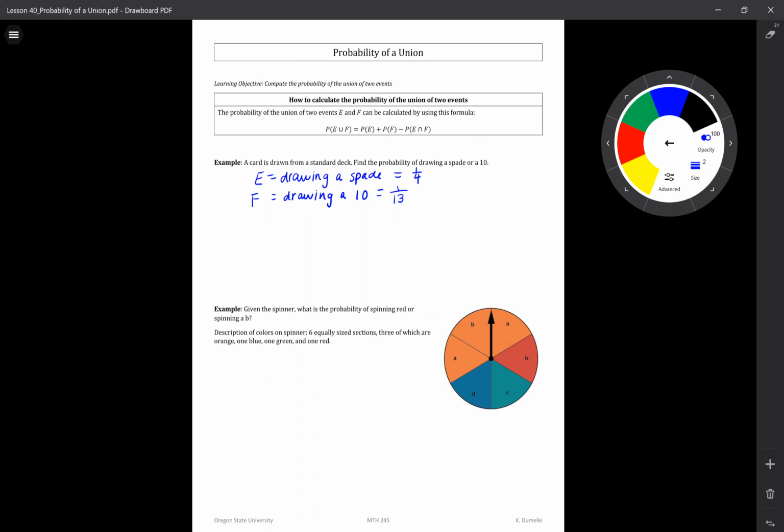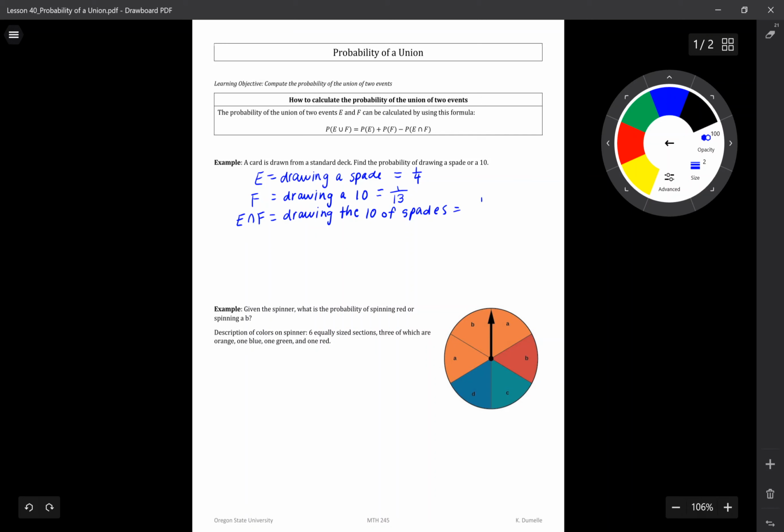What about drawing a 10 of spades? So E intersect F would be drawing a spade and a 10, or the 10 of spades. What is the probability of drawing the 10 of spades?